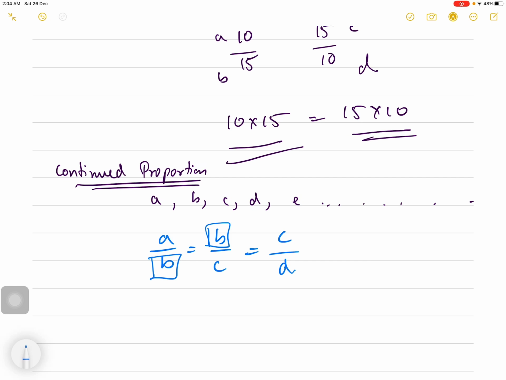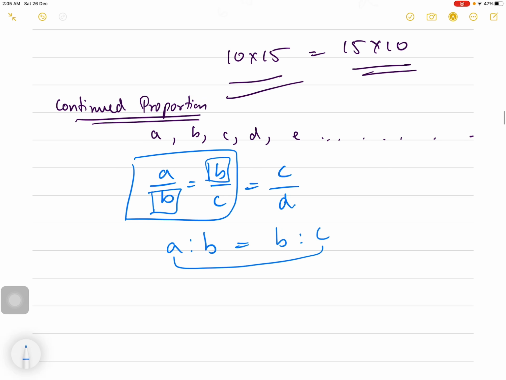This is called continued proportion. In this case, A is to B is equal to B is to C. So here the extremes are A and C. So AC is equal to B square. This is the formula in case of continued proportion.